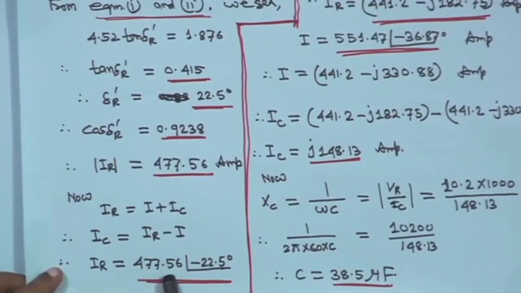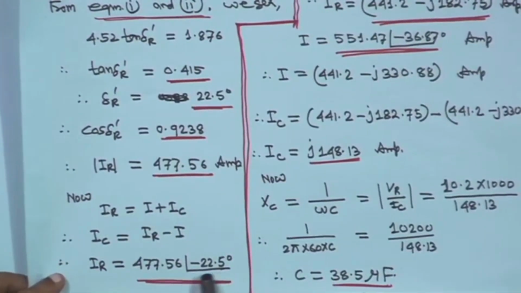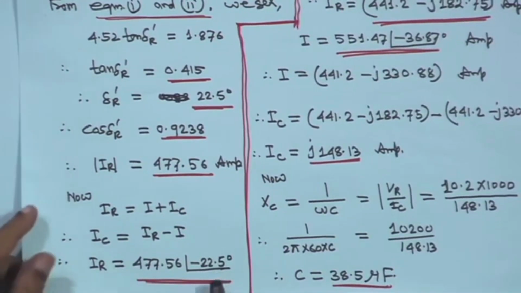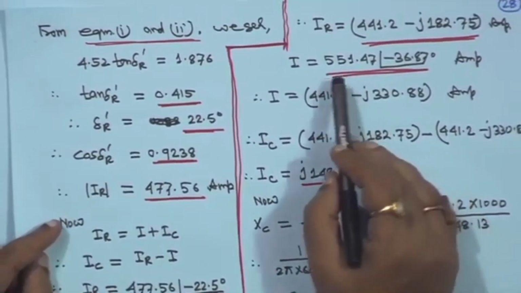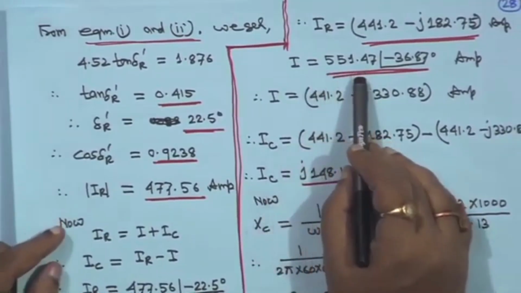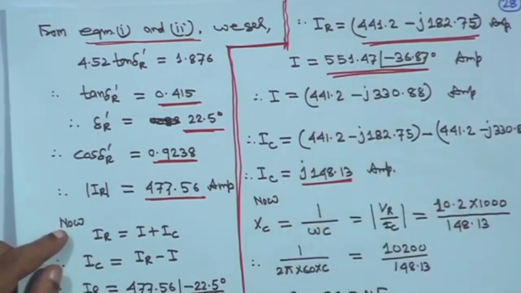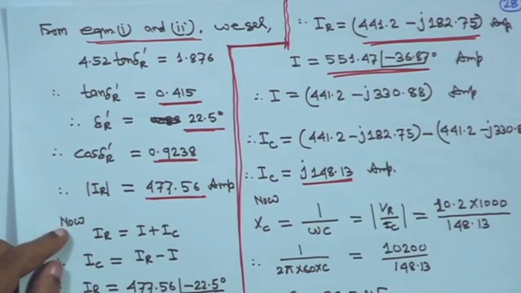So Ir is equal to 477.56 at angle minus 22.5 degree. And I, that is the current going to the load, we have obtained as 551.47, right. This is the current going to the load.